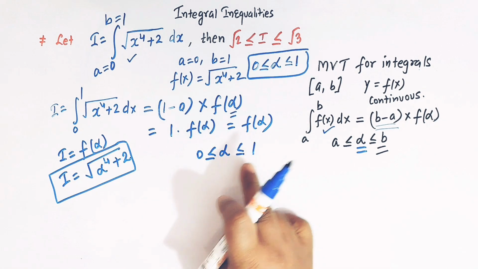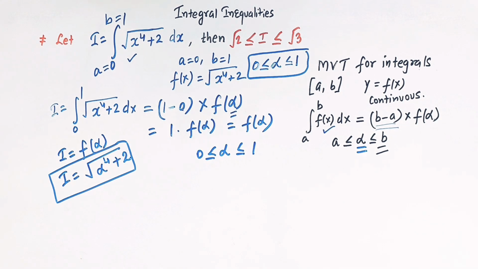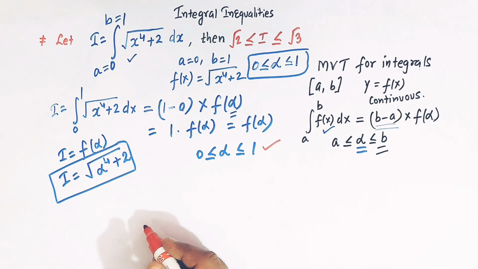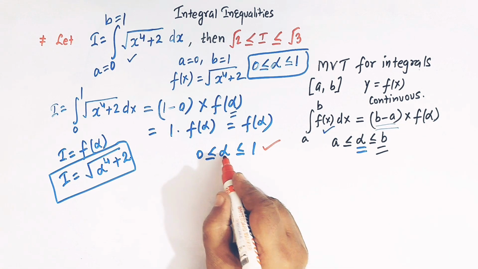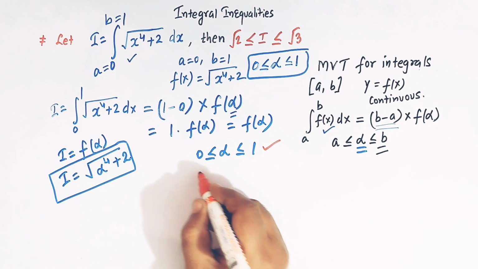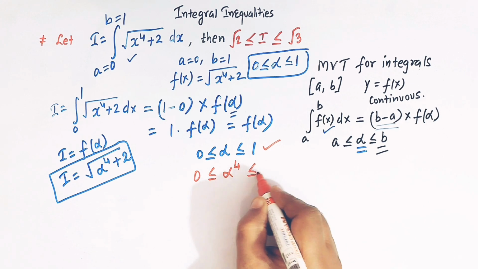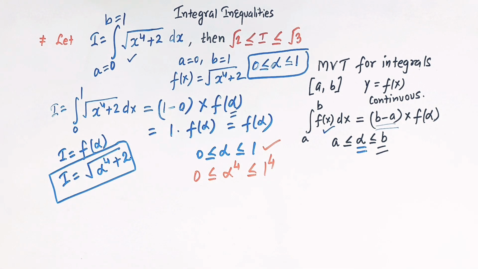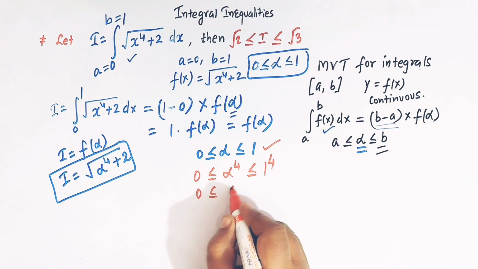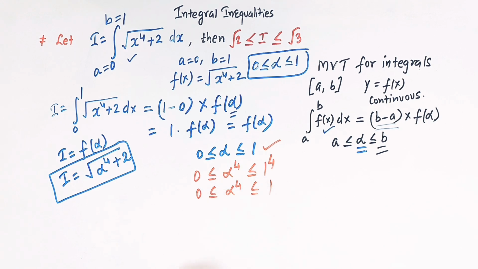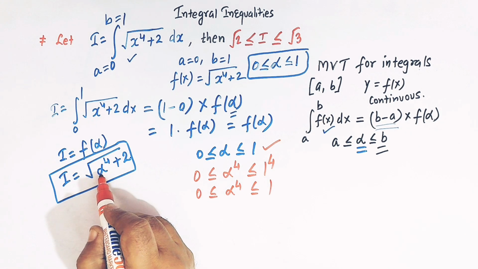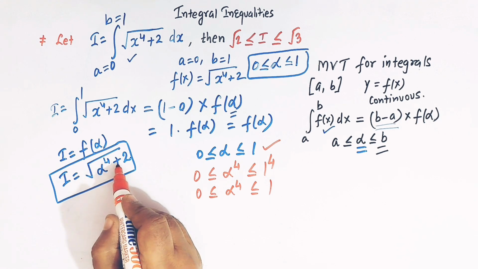So what we will do, let us take the fourth power of all the terms in this inequality, right? So raising these three terms to the power of 4, we have 0 here, then we have alpha raised to 4, and here we have 1 raised to 4. So this is 0, this is alpha raised to 4, this is 1, right? Now see, here we have alpha raised to 4 plus 2.